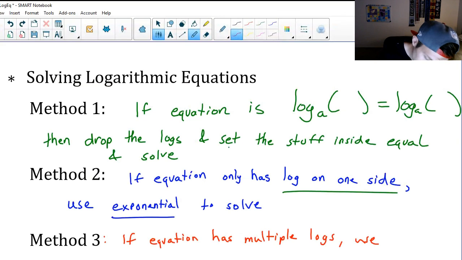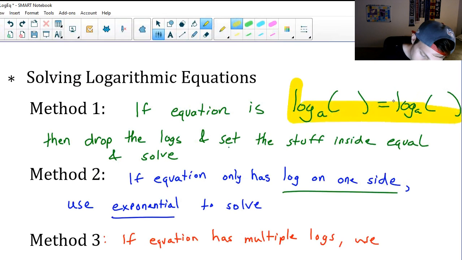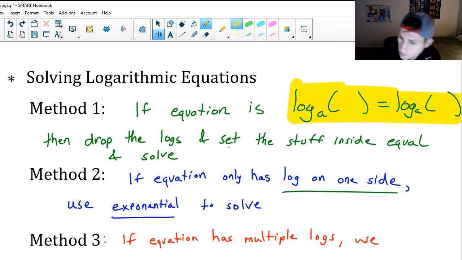If the equation is just log equals log, this is what we're looking for in order for it to be a method 1 equation. Then as it says, we just drop the logs and set the stuff inside equal to one another and solve it.